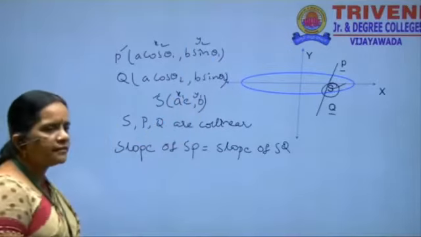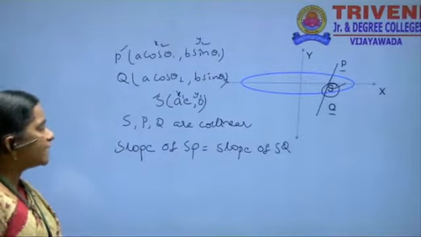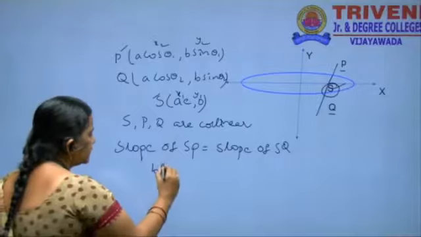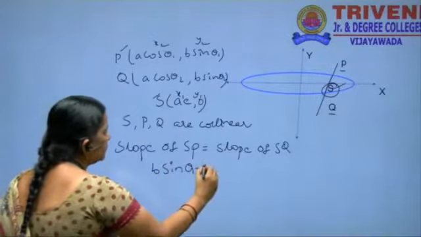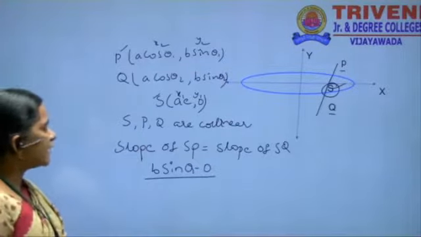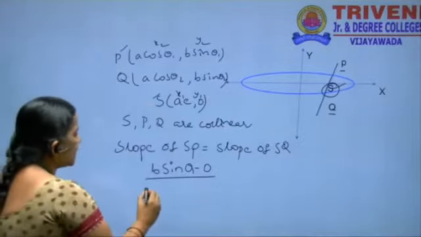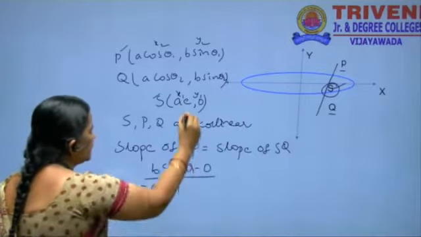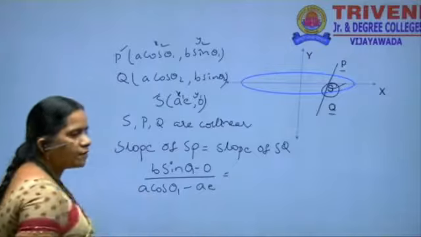What is y2 here? b sin theta 1, and y1 is 0. And x2 is a cos theta 1 and x1 is a e. This is the slope of SP.